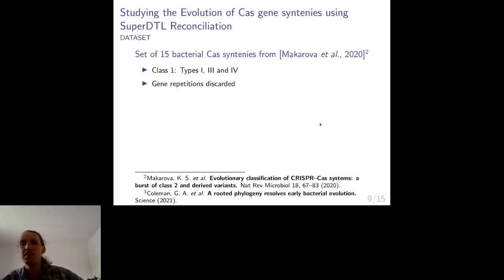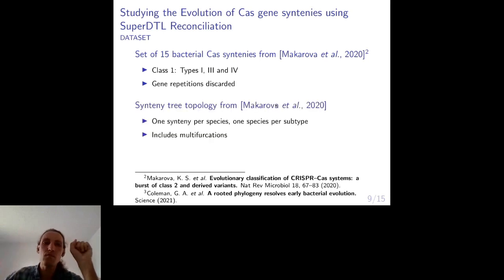To study the evolution of Cas gene synteny, we based our work on a dataset of 15 bacterial Cas syntenies from Makarova et al. This set is composed only of Cas gene syntenies from class 1, and from our dataset we removed the gene repetitions.